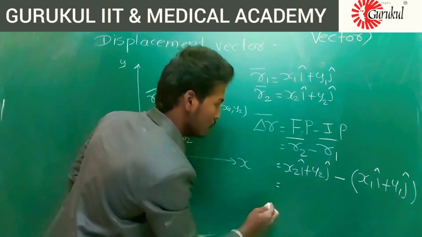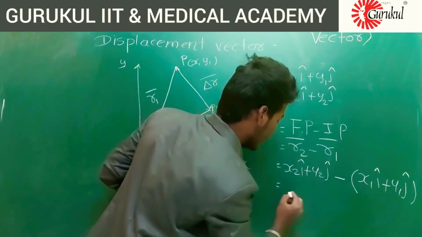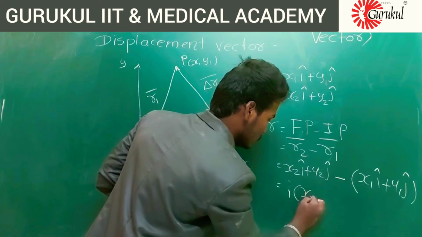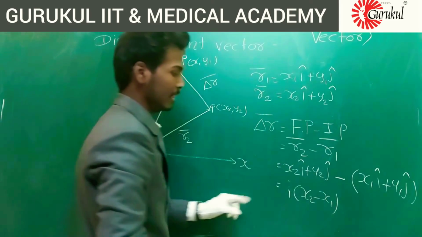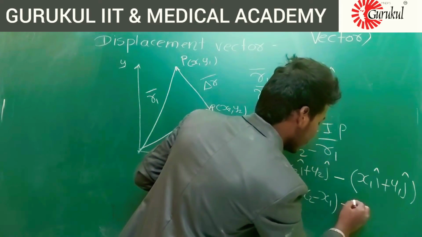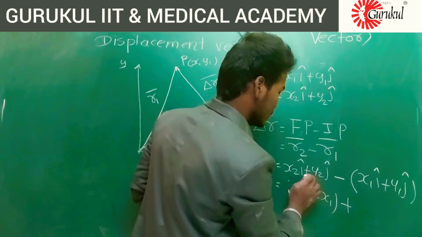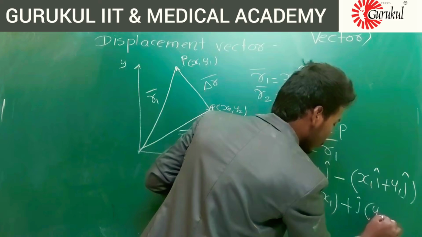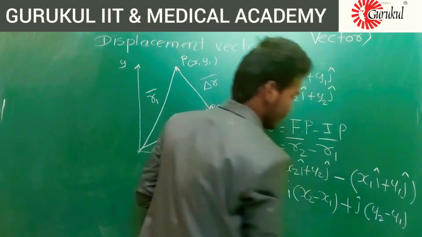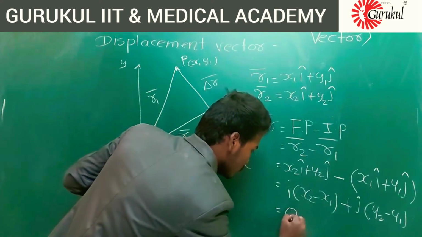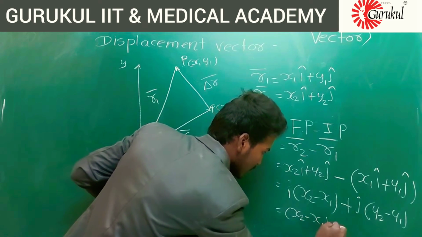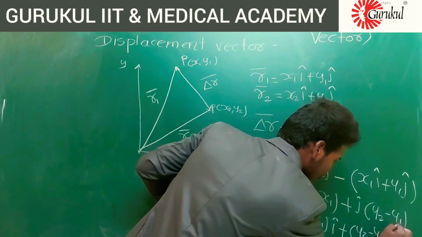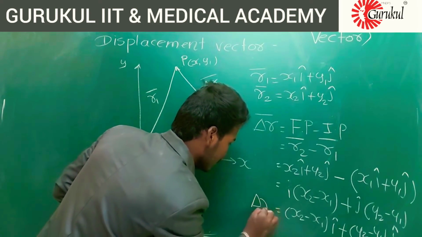Now we can take i cap common: x2 minus x1, plus j cap common, y2 minus y1. So that is equal to (x2 minus x1) i cap plus (y2 minus y1) j cap.